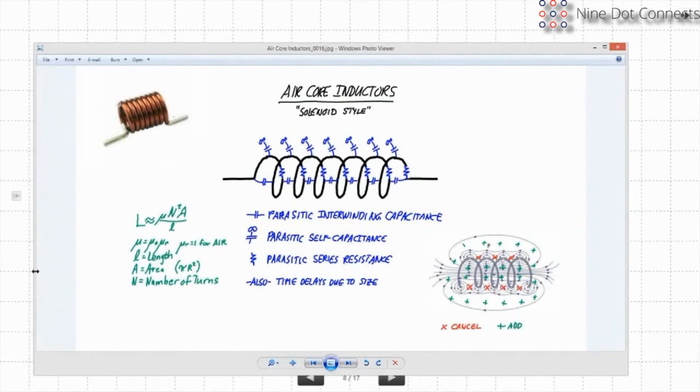If you start taking this coil and bending it around in a horseshoe, you'll start to see that some of the lines that come out of one end, they go back into the other end, but now they can kind of just jump back into the other end. If you keep bending it around a complete circle, you'll find that all of the lines that are coming out get captured. They don't go around the entire coil. What comes out of one end goes right into the other end because they're right next to each other.